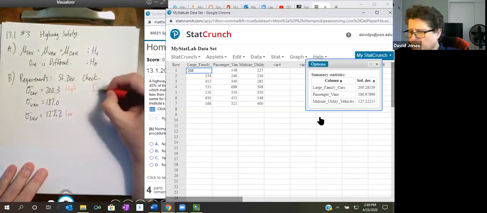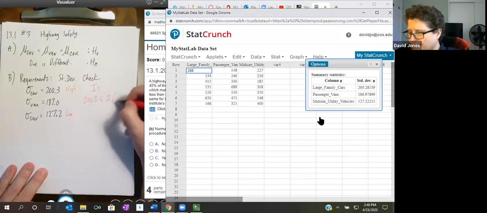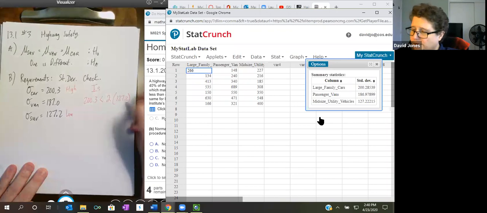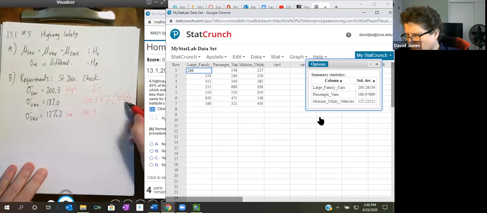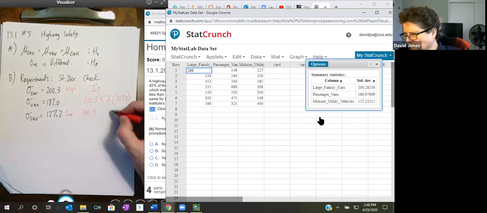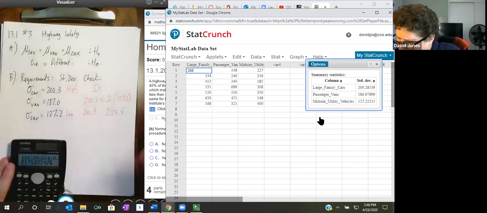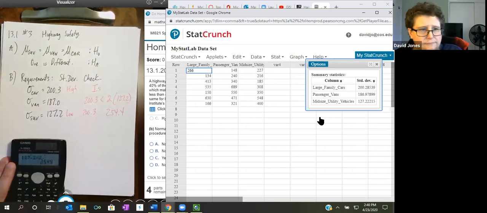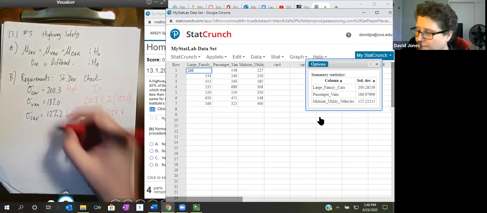Is 200.3 less than 2 times 127.2? We multiply that, what is that, 254.4? Yep. And 200.3 is less than that, so yes, it meets the requirements.